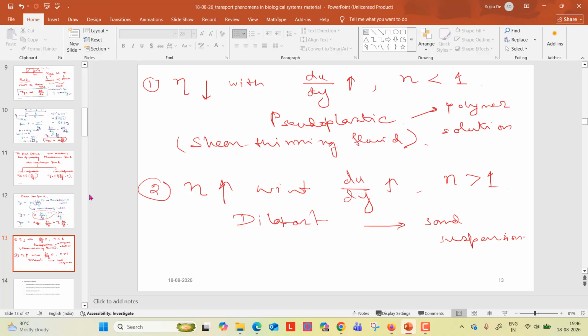That means if you create a higher velocity gradient, suppose you are rotating a glass of water, or you have seen it near sand, right? If you want to go very fast in a sand and water suspension, you will see that if you create a higher velocity gradient, the viscosity will increase.